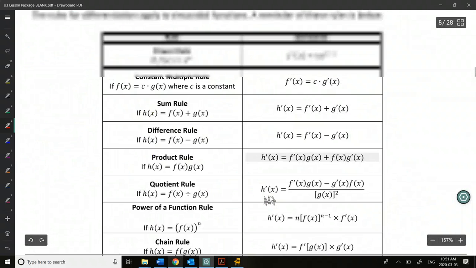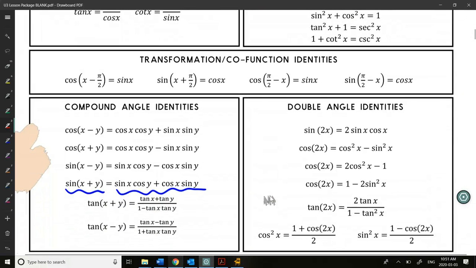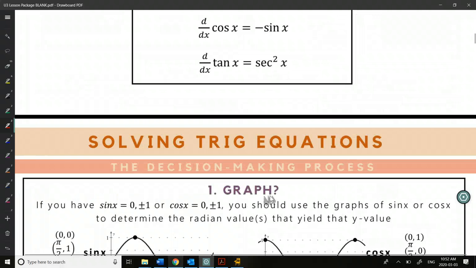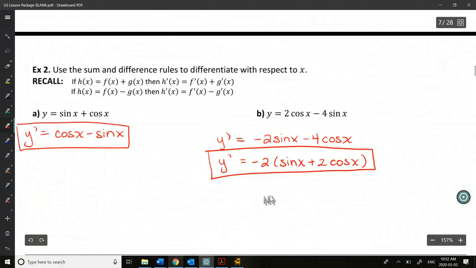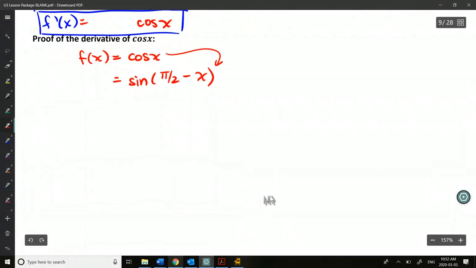Okay, so if we scroll back up to the top here, looking at our transformation and cofunction identities, we see that cos of x is equal to the sine of pi over 2 minus x. So that's the identity that I'm using here. Okay, so we are expressing cosine in terms of sine because we've just proven the derivative for sine is cosine. So we're just going to use a little trig identity to help us to start this out.